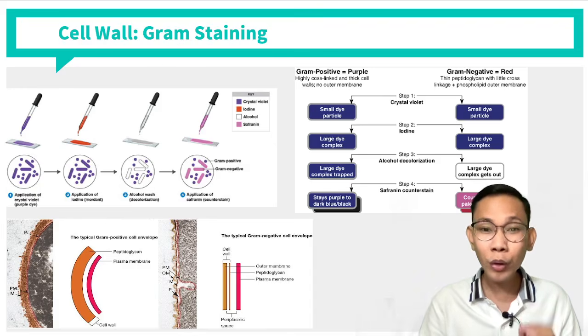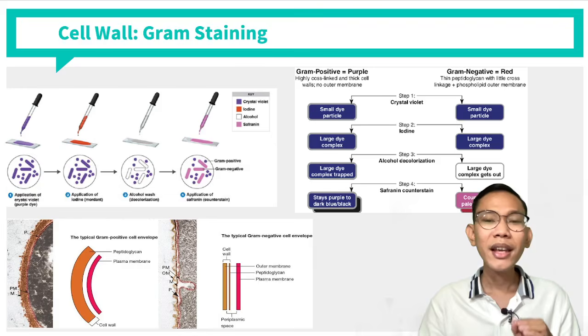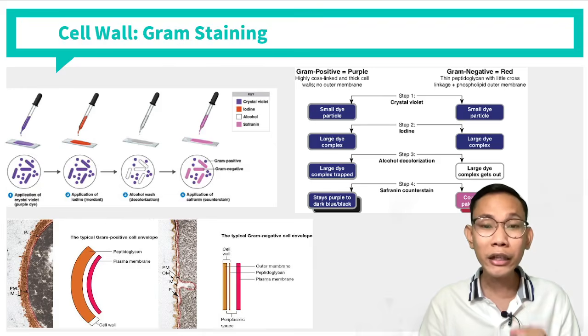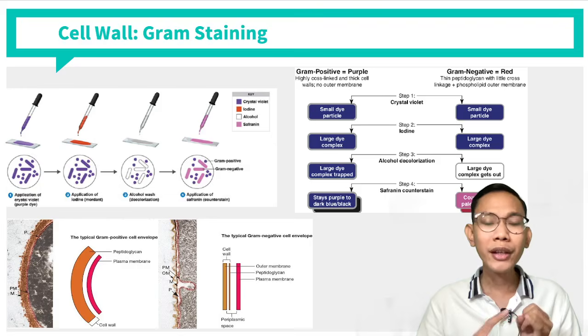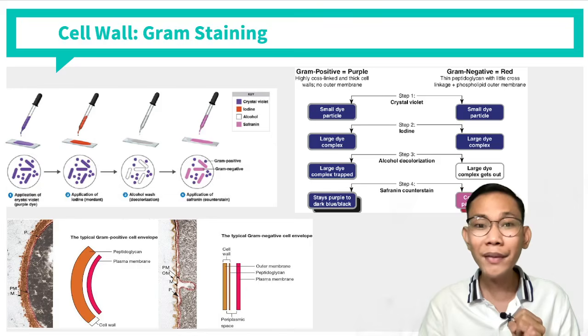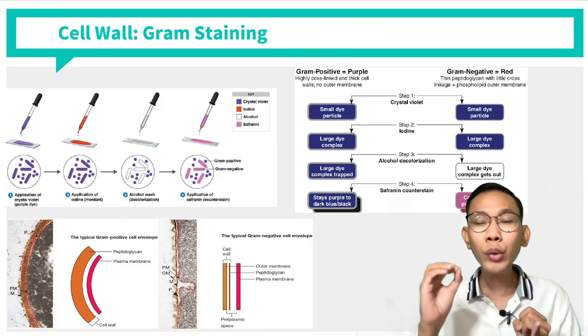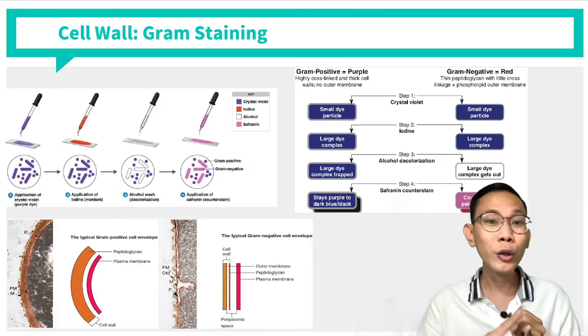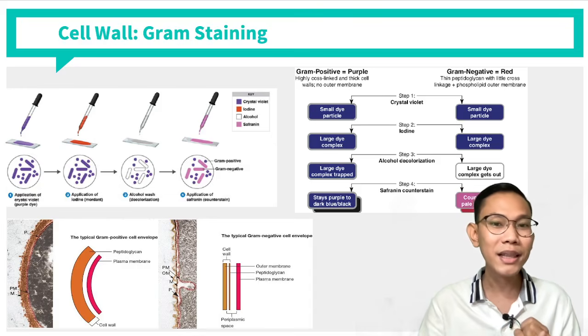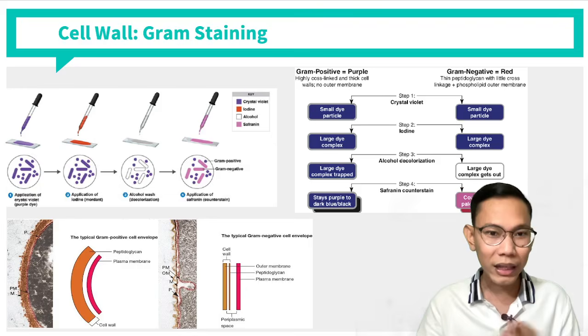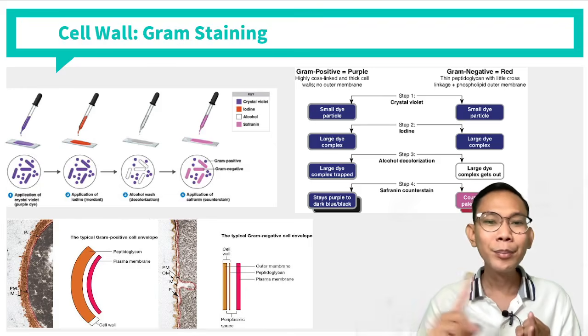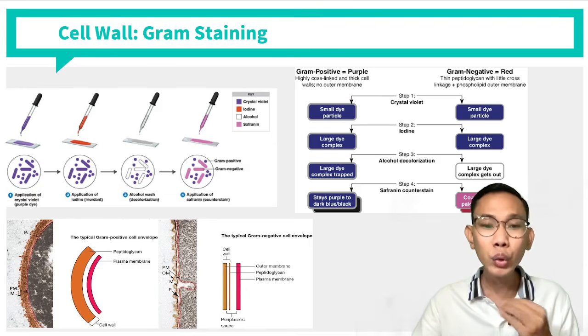Again, as always said, your gram staining is a reaction of your bacteria through their cell wall. Your gram staining is one of the identifying factors that can help us identify a certain bacteria, whether your bacteria, as I said, is a gram-positive or gram-negative. So, paano natin malalaman, or how do we do the procedure?